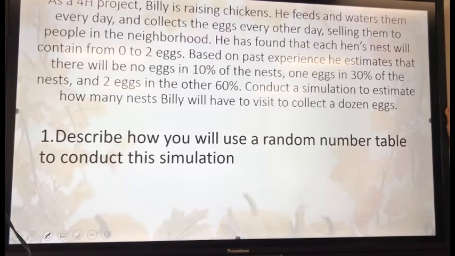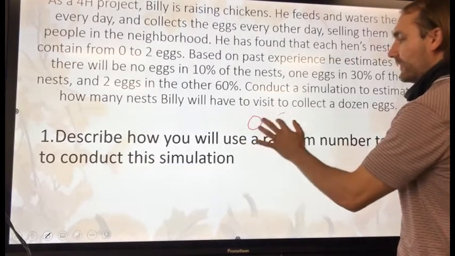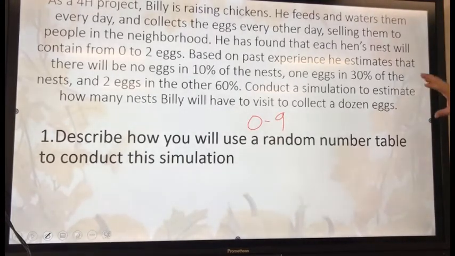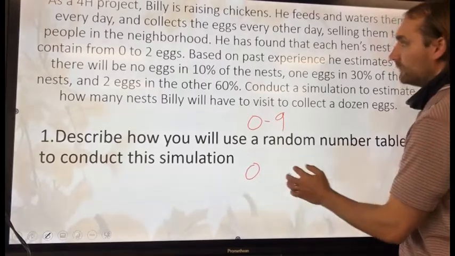So describe, how will you use a random number table to conduct this simulation? If we're using numbers 0 to 9, tell me, how does it split up between 0 eggs, 1 egg, and 2 eggs? Okay, 0, just 0.